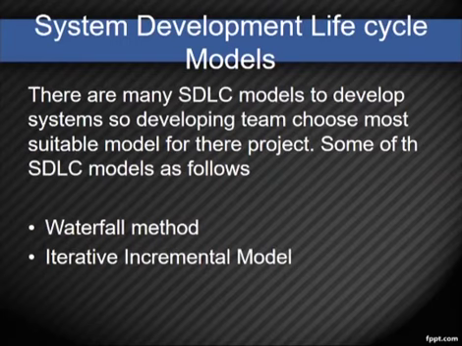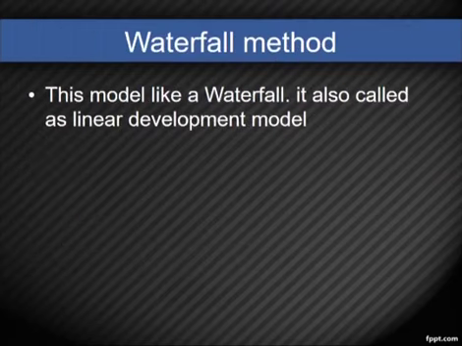So we have two types of models: the waterfall model and the iterative and incremental model. The waterfall model is also called a linear development model because it's like a waterfall, starting from the top and coming down stage by stage.